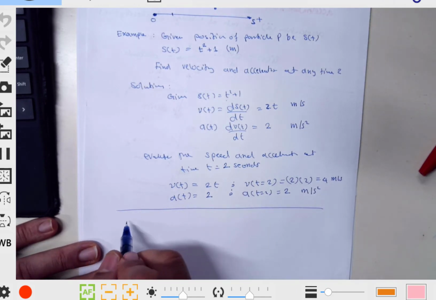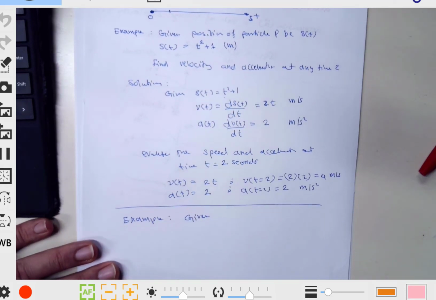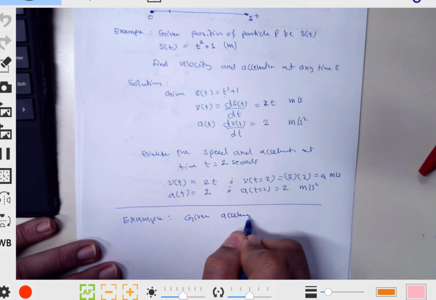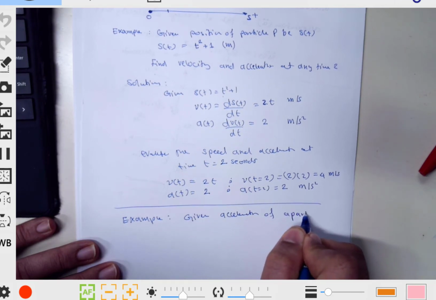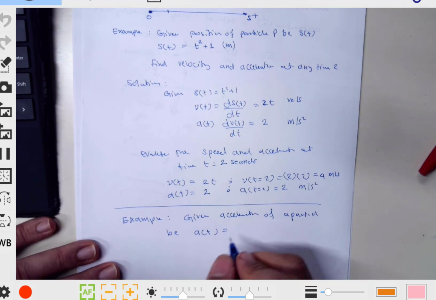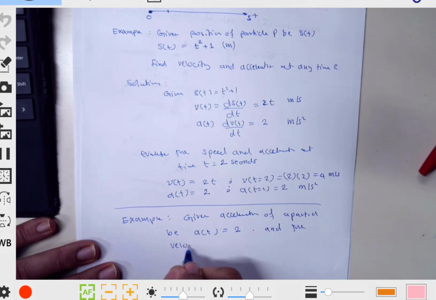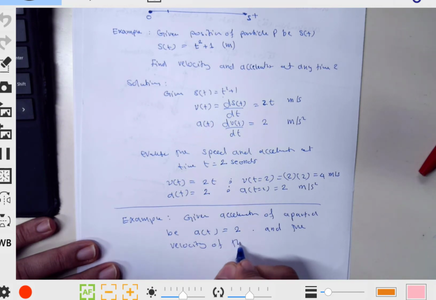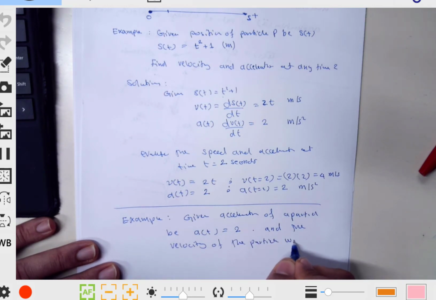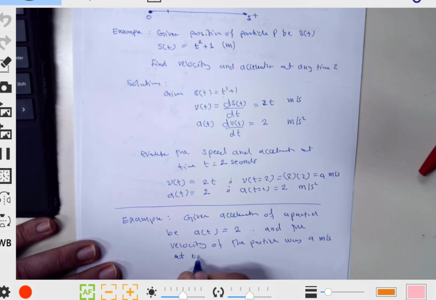Now let's take another example. Given the acceleration of a particle P, a of t is equal to 2, and the velocity of the particle was 4 meters per second at time equal to 2.